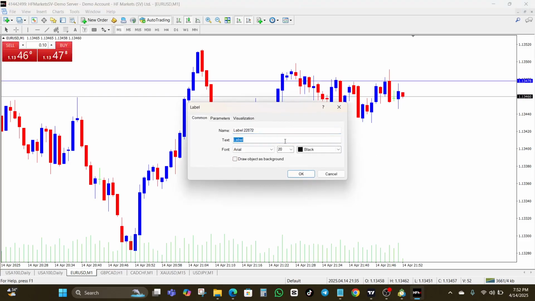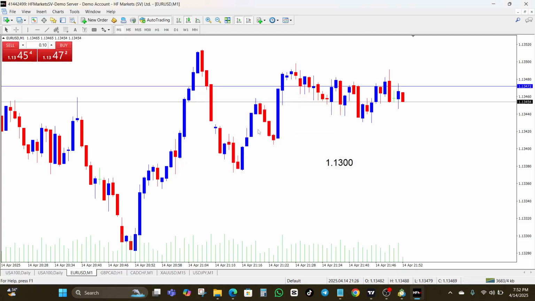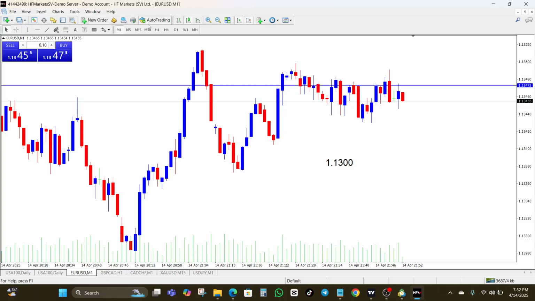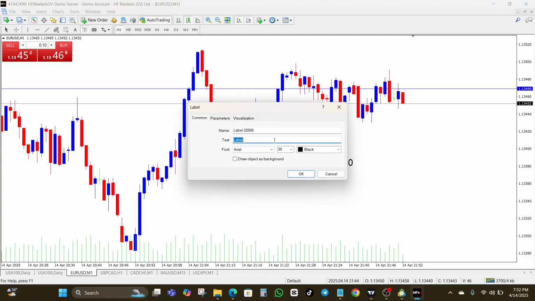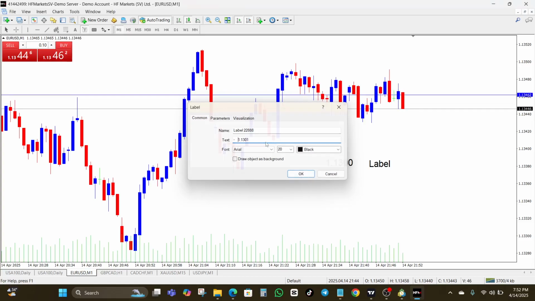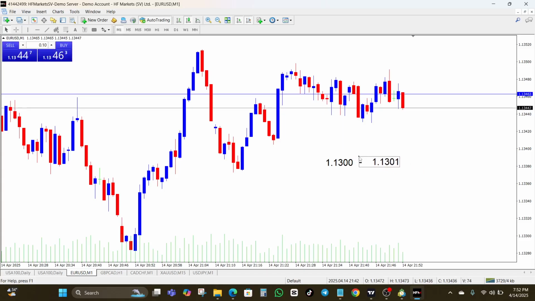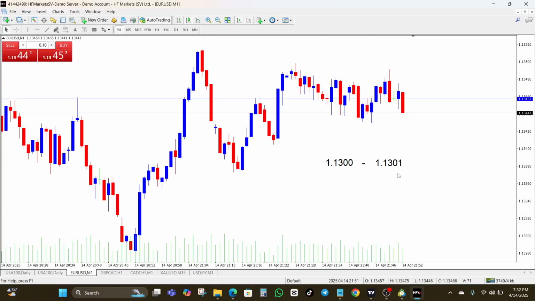Let's assume that it started at 1.1300 and ended at 1.1301. So it has moved from 1.1300 to 1.1301. This is a 1 pip movement.